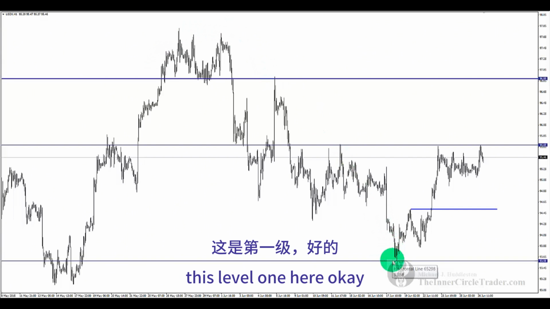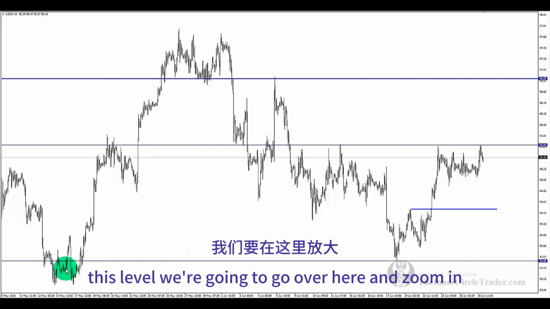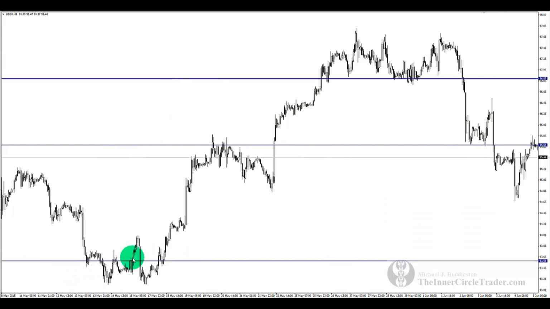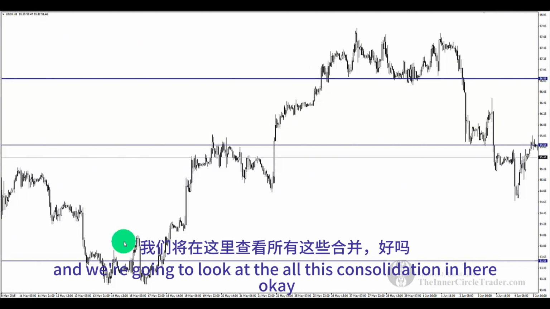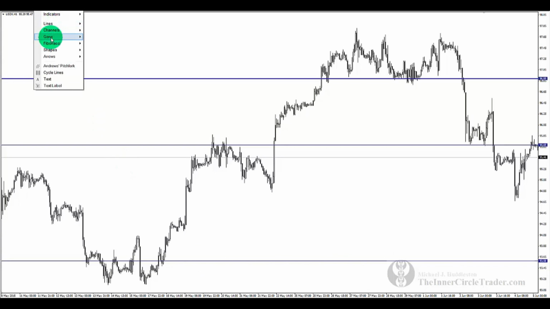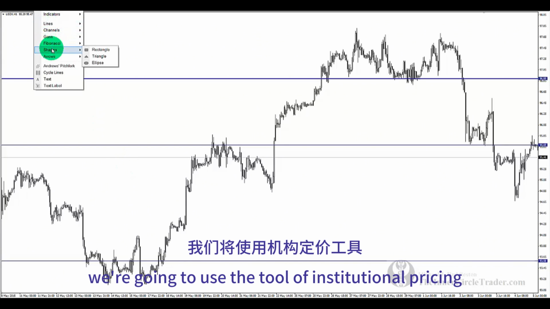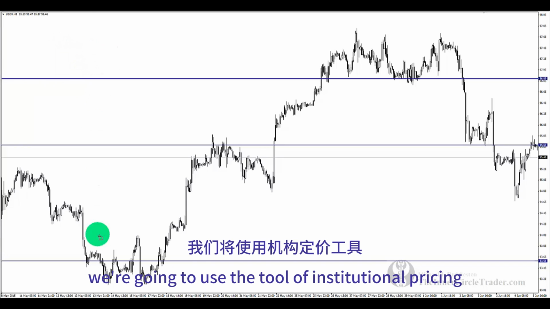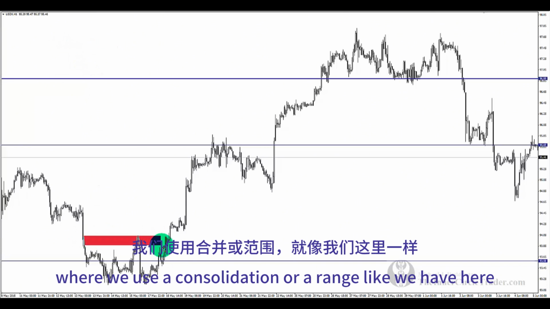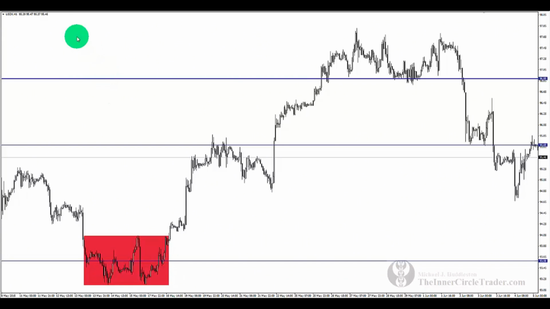This level in here, we're going to go over here and zoom in, and we're going to look at all this consolidation in here. If we look at this, we're going to use the tool of institutional pricing, where we use a consolidation or range, like we have here.